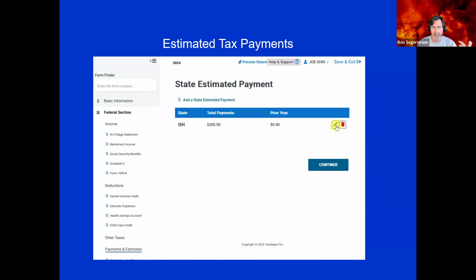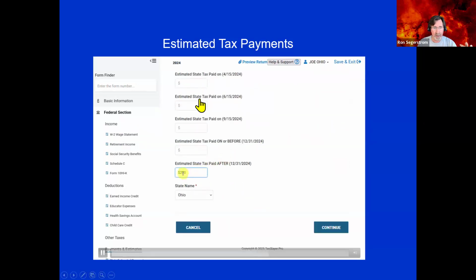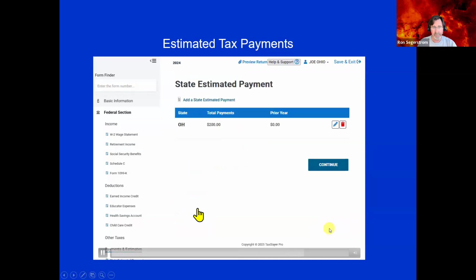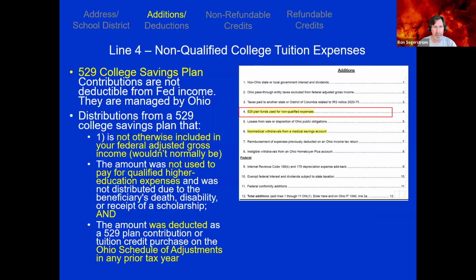You just select estimated tax payments for the state. It has all your quarterly places you can put this in. Make sure you select Ohio, and then you're done with that section.